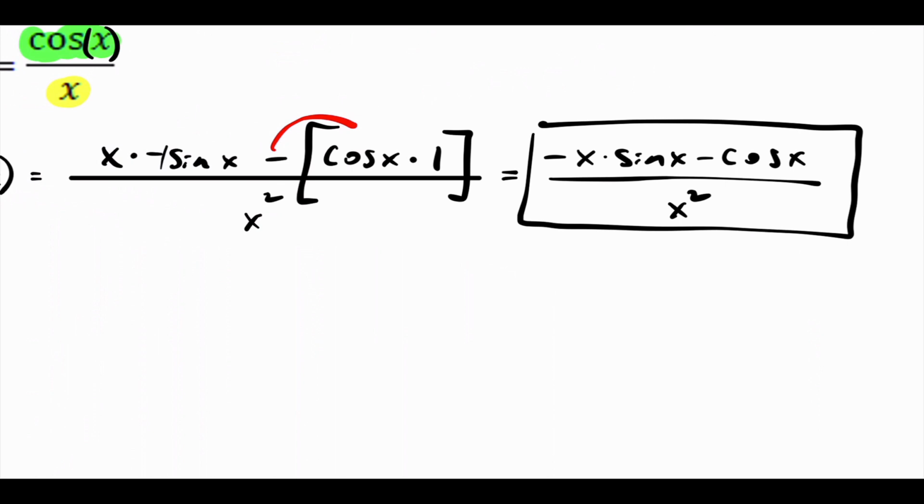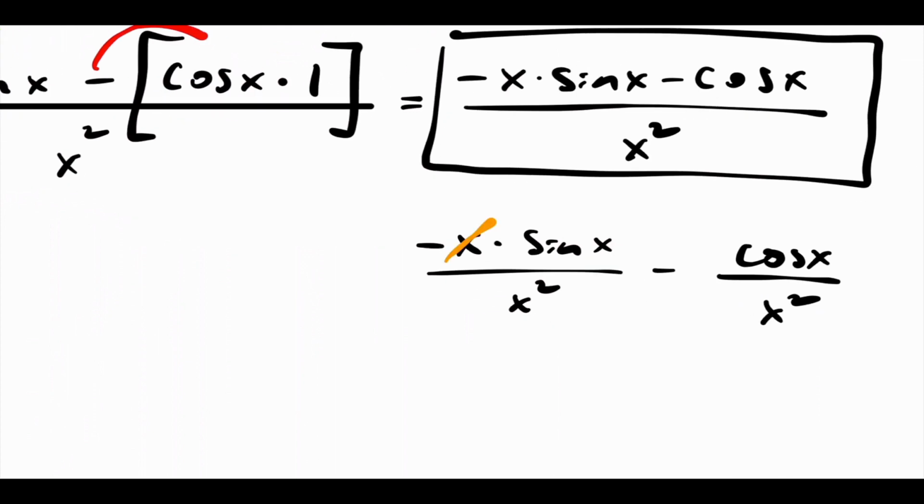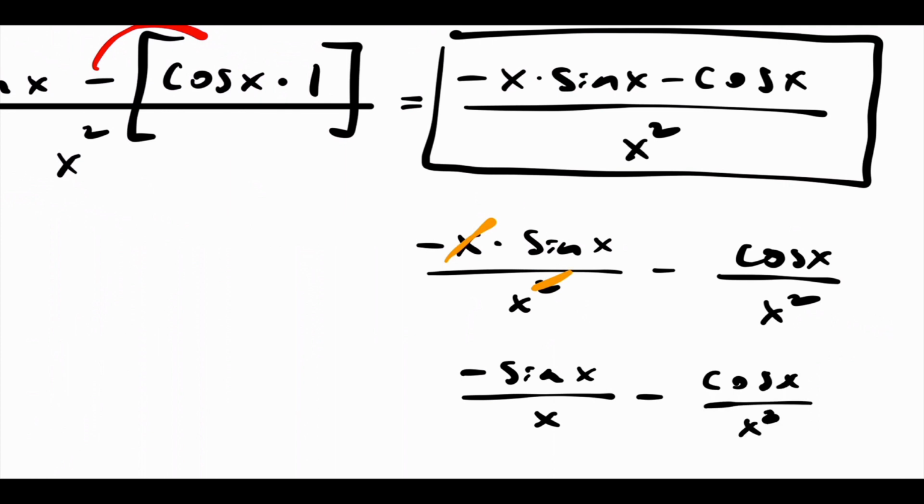Actually, you could go a little further. You could give them both x squareds, and if you did that, you cancel out one of these guys with one of those guys. So you'd get negative sine of x over x minus cosine of x over x squared.